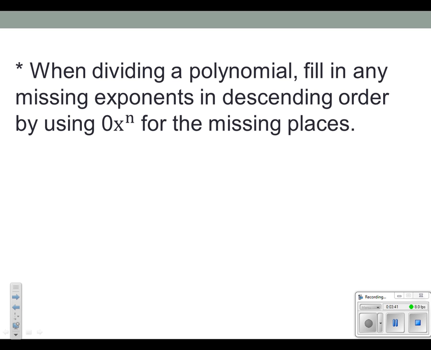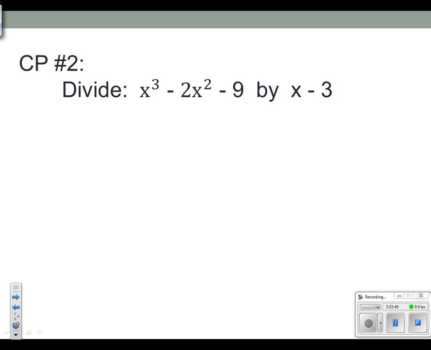You want all of the descending order powers in a polynomial expression, so if one of them is missing, put in a 0 term to take that spot. For example, in our x cubed minus 2x squared minus 9, notice that we do not have an x term. So right in here, we're going to insert 0x.